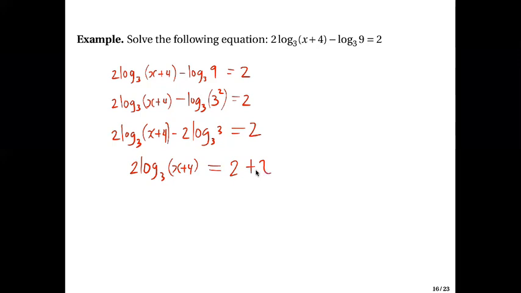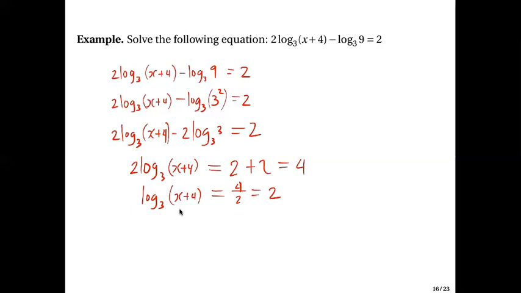And 2 plus 2, that's equal to 4. Now we can divide by 2. So we have log of x plus 4 with base 3. This is equal to 4 divided by 2, and that's just equal to 2.